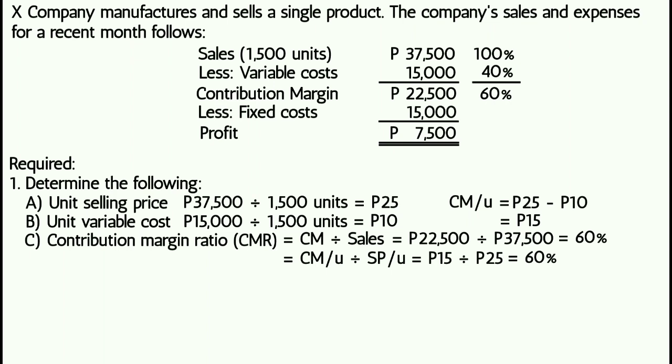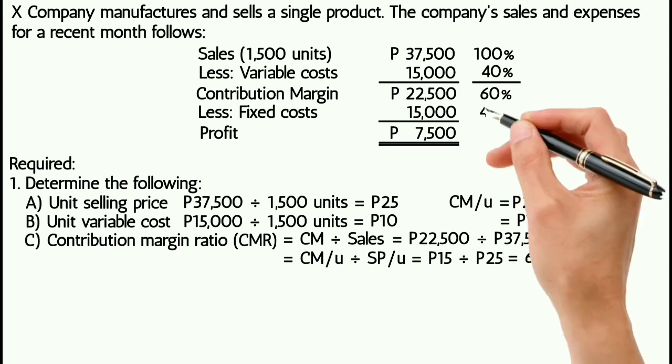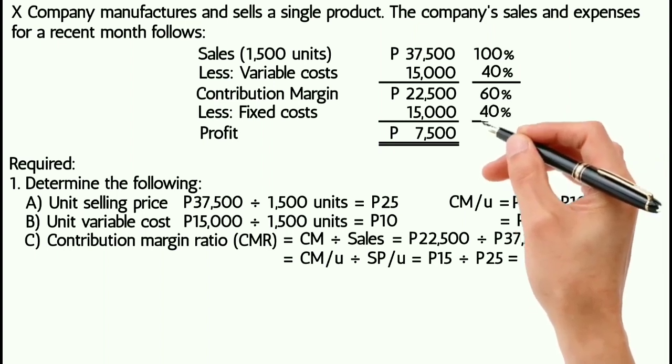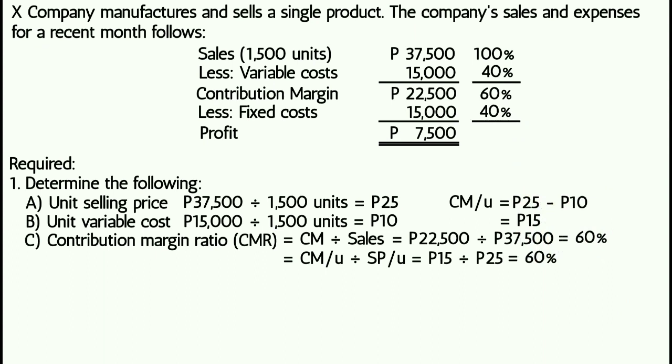Ano pa? Contribution margin ratio is equal to fixed cost ratio plus profit ratio. Paano kinocompute yung fixed cost ratio? Fixed cost divided by sales. So, 15,000 pesos divided by 37,500 pesos, that is equal to 40%. How about the profit ratio? Profit divided by sales.